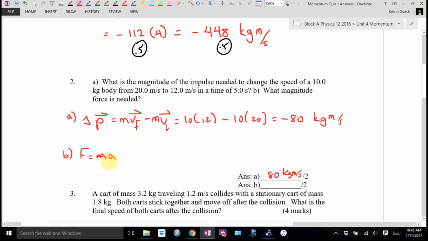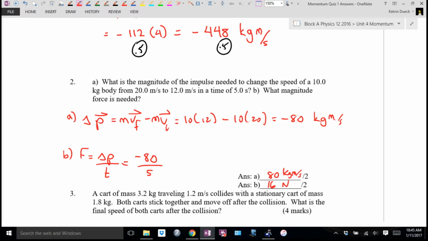Or, as a shortcut, I can recognize that force is change in momentum divided by time. It's impulse divided by time. I may as well do it that way since I've done a lot of the calculations from the previous line. It's going to be negative 80 divided by 5. And so you get 16 newtons, arguably negative 16 newtons, but I would take positive because, again, I said magnitude force. So, okay.